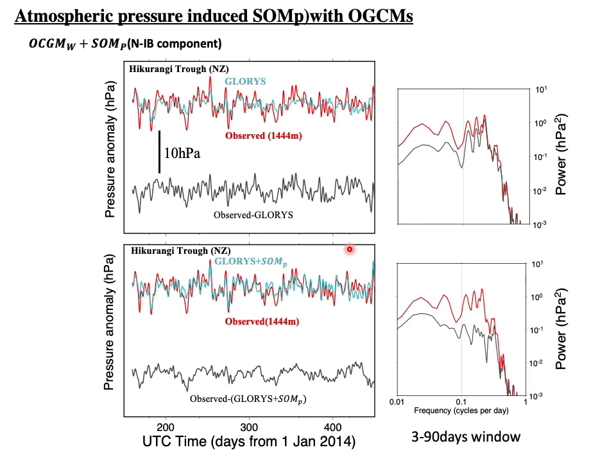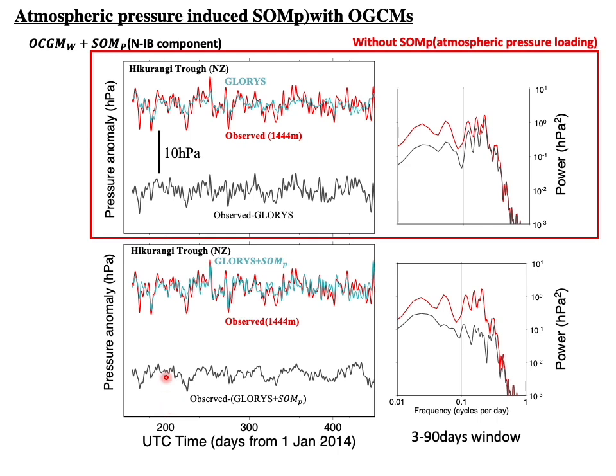Here I show the example at the Hikurangi Trough, where good agreement is found between observation and ocean models. In this region, the single layer ocean model performs better than OGCMs, so we added SOMP driven by atmospheric pressure to the OGCMs output here. This is the result of the wind driven model, GLORYS. The vertical axis is pressure anomaly, and the horizontal axis is time steps.